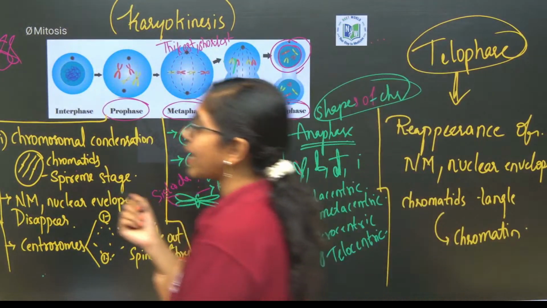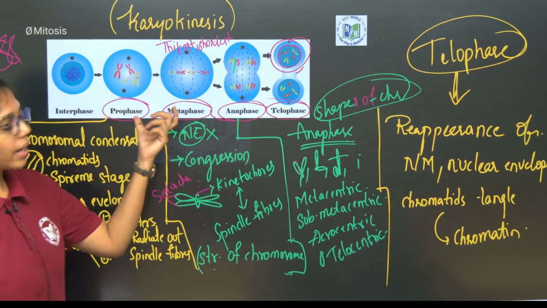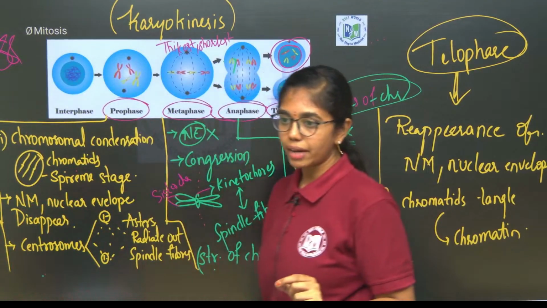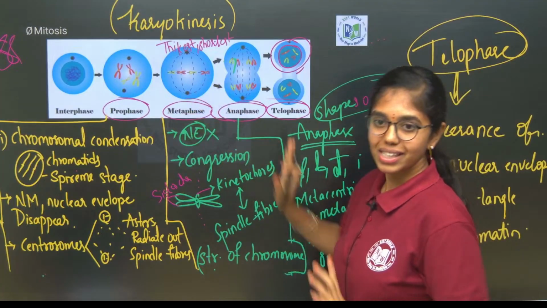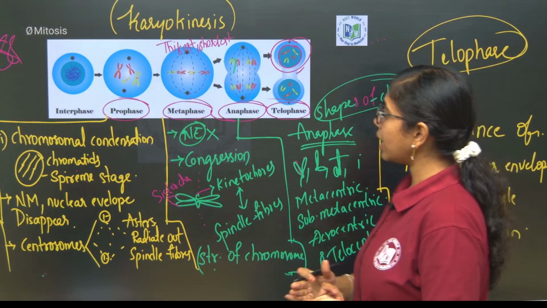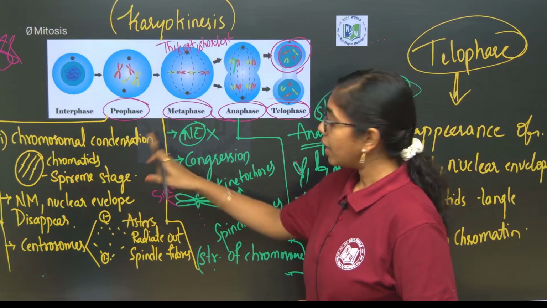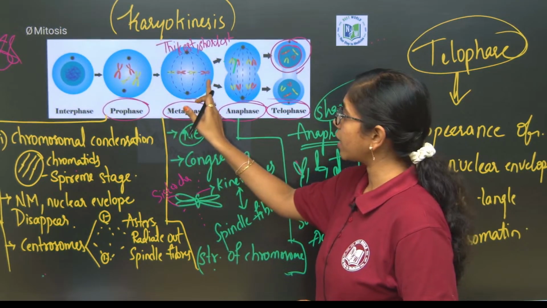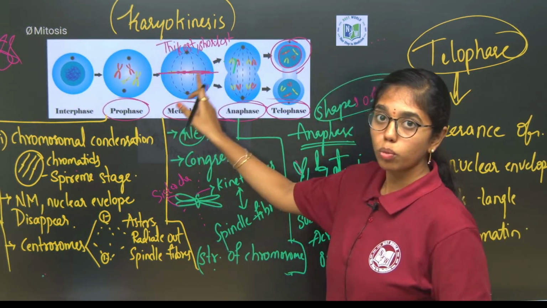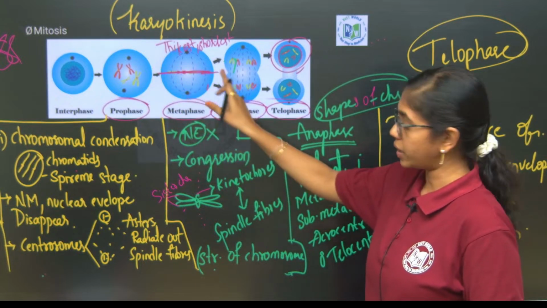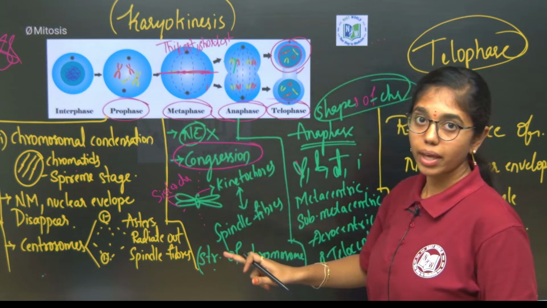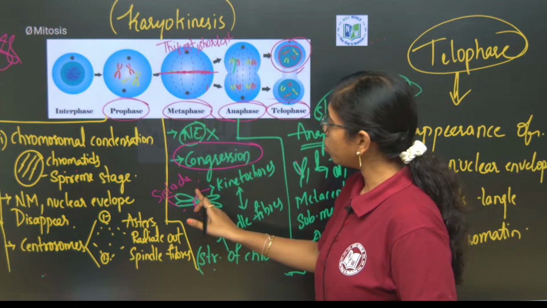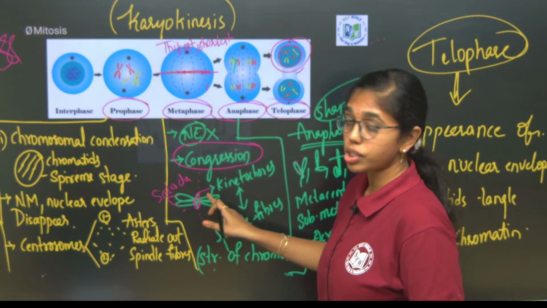So here you see in metaphase, the metaphase stage is marked by the complete disappearance of the nuclear envelope, which marks the beginning of the phase. Second major event is that all the chromosomes which are formed, which have two sister chromatids, will come to the center, at the equatorial plate. This alignment of the chromosomes at the center is called congregation. The two disc shaped structures present around the centromere are called kinetochores.